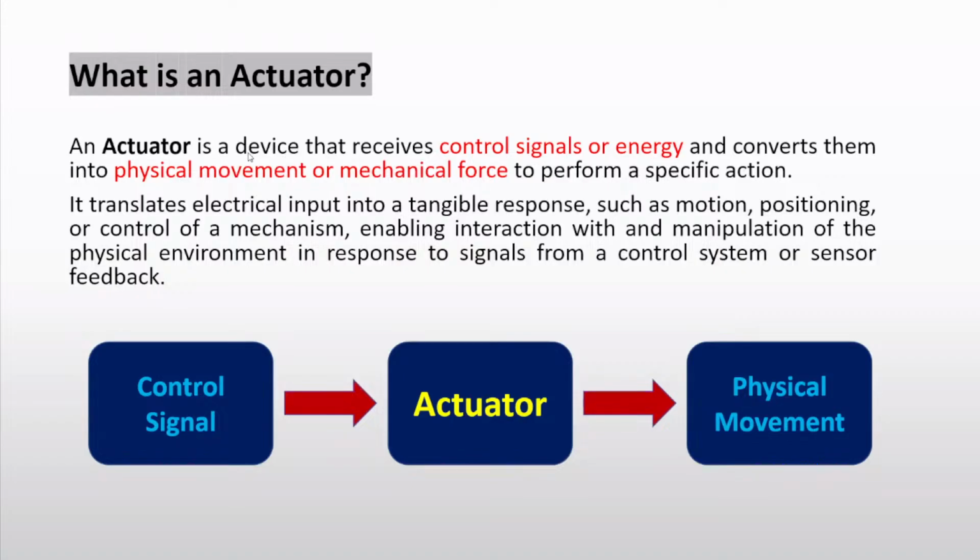So let's understand what an actuator is. An actuator is a device that receives control signals or energy and converts them into physical movement or mechanical force. I used the red color for the fonts, so those are the keywords.